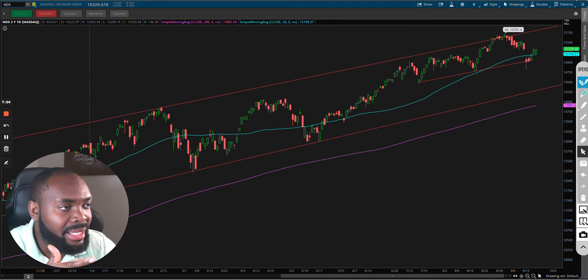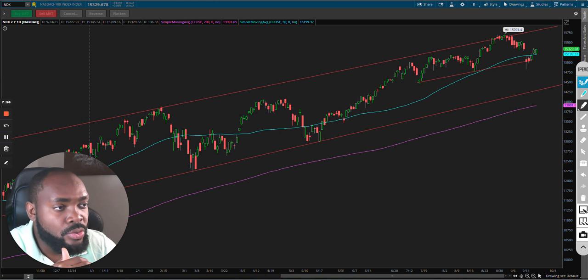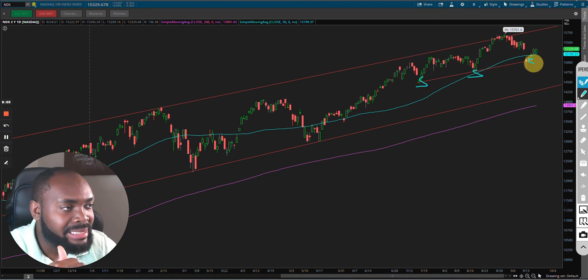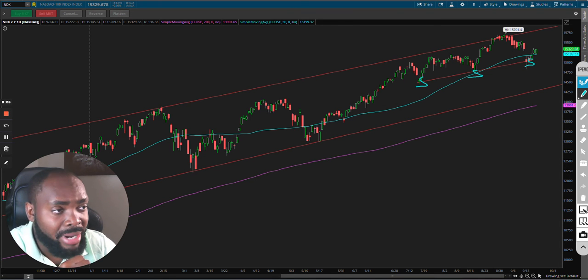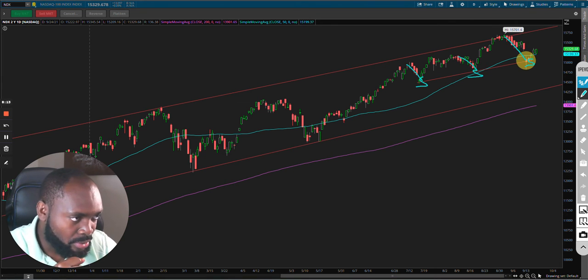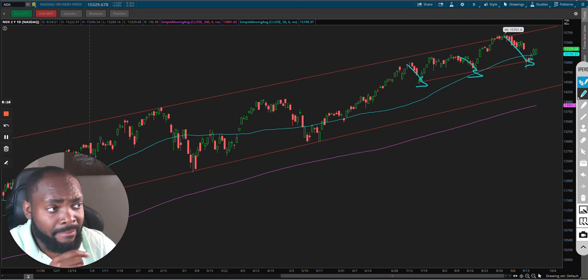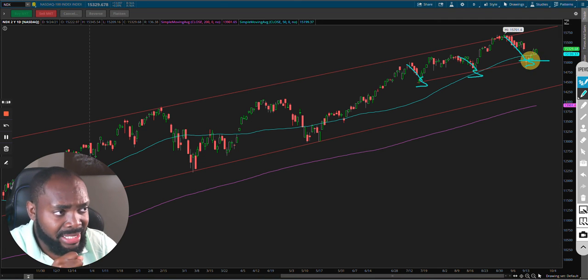We knew that the support of the short-term channel was where we were anticipating the market to pull back to if we get a pullback, because we see the pullback here, support, pullback here, support, and we knew, boom, if we came back to this level, this is the first level we're anticipating the market to bounce at, right?